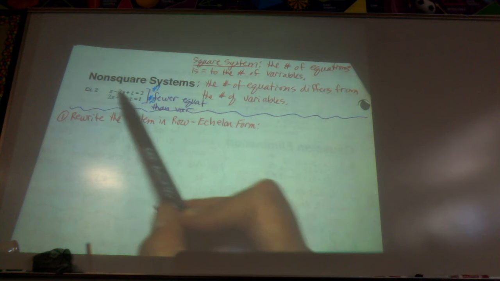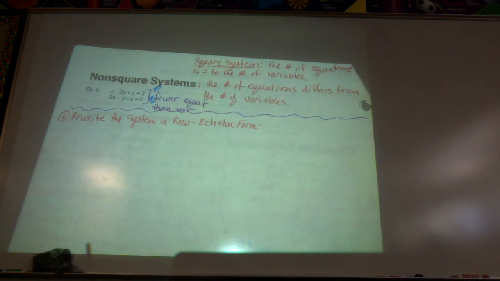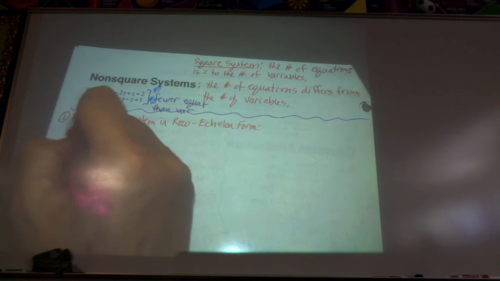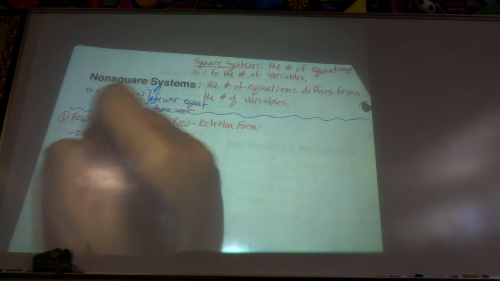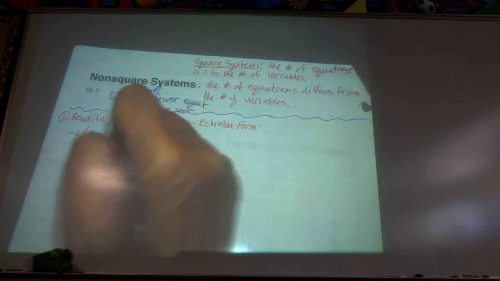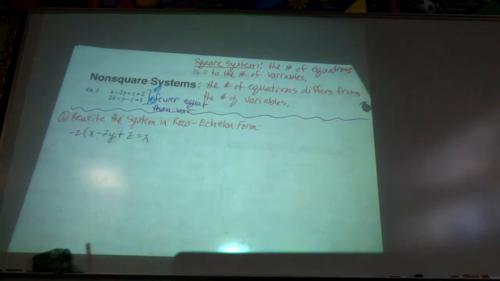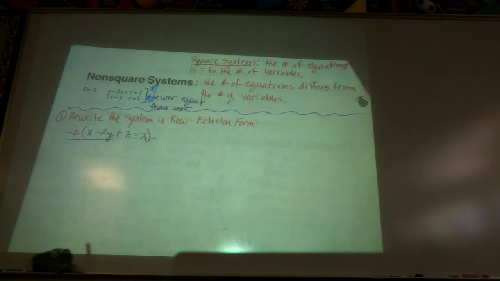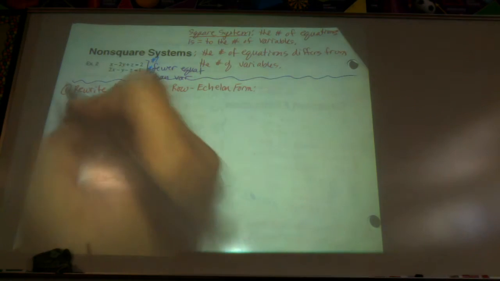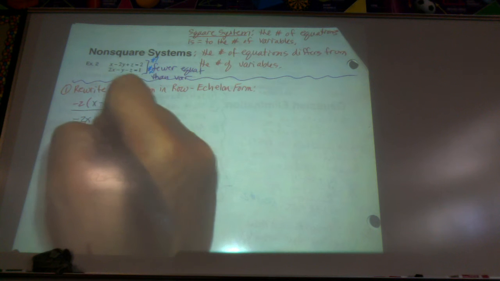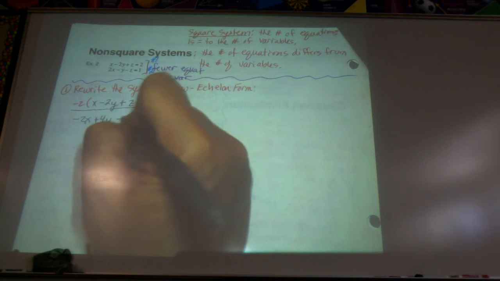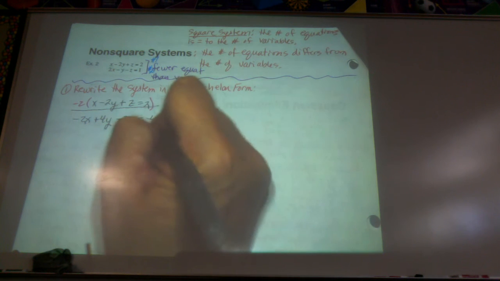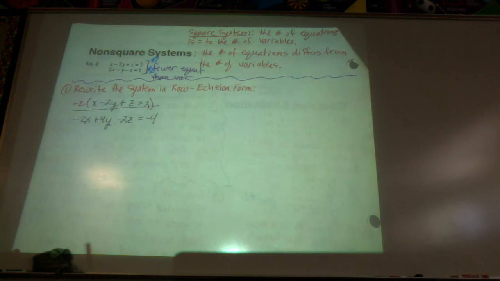What do I want to multiply it by? Negative 2. So I'm going to take negative 2 times x minus 2y plus z equals 2. Put a line under that, only because that's the only one we're changing. So we end up with negative 2x plus 4y minus 2z equals negative 4. Make sure your z's have a slash through them, otherwise they look like a 2.